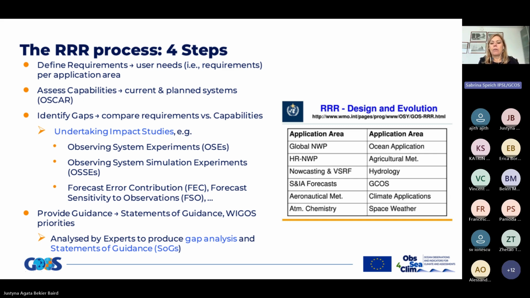And then there is also aeronautical meteorology, and atmospheric chemistry. And now we have also ocean applications, and I will describe what these ocean application areas include. Then agricultural meteorology, hydrology, global climate observing system, climate applications, and space weather.